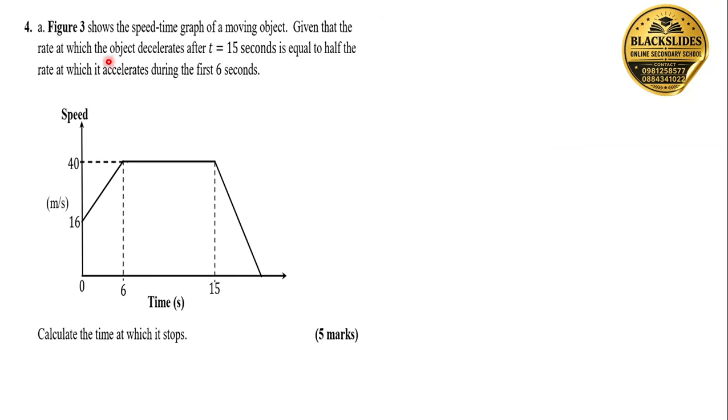Question number 4. Figure 3 shows the speed-time graph of a moving object, given that the rate at which the object decelerates after t equals 15, this part here, is equal to half the rate at which it accelerates during the first 6 seconds.